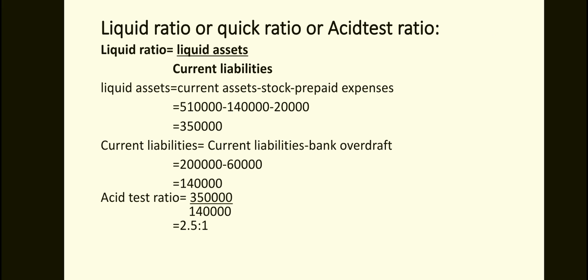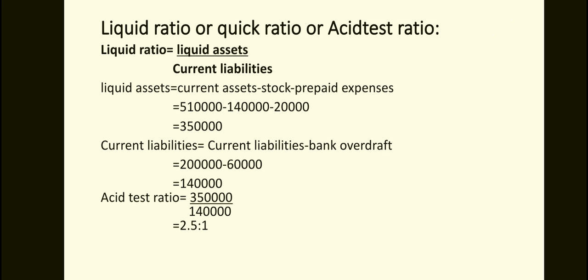So we have to calculate liquid ratio or quick ratio or acid test ratio. Liquid ratio can be calculated using the formula: liquid assets over current liabilities. Let us try to calculate liquid assets. We can calculate liquid assets as current assets minus stock minus prepaid expenses.